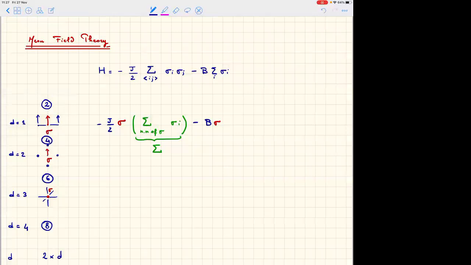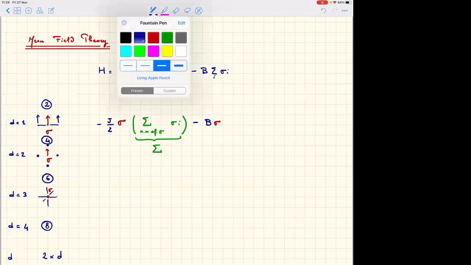Each spin on a different site is essentially identically distributed from the other ones from the probabilistic point of view, simply because of translational symmetry. And therefore, we could think about the following.